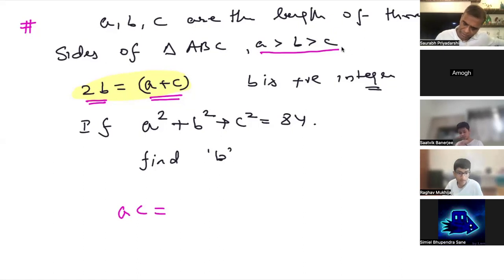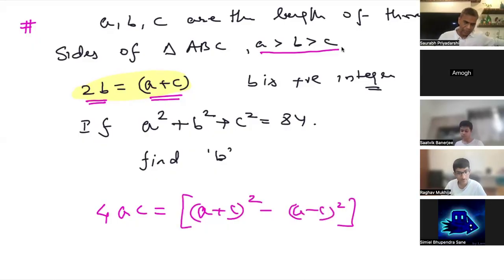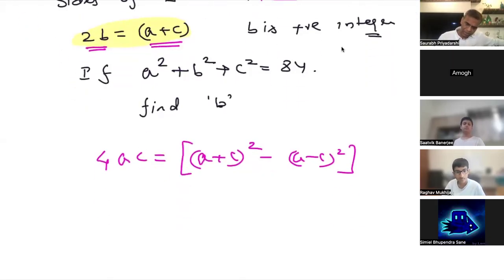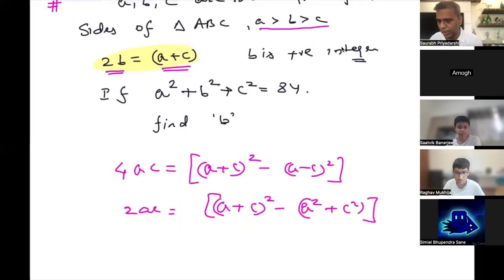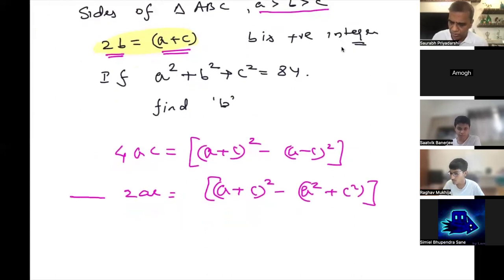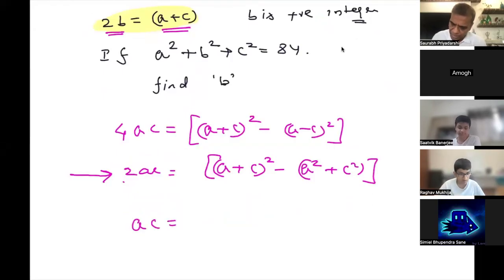We know the formula: (A plus C) the whole square minus (A squared plus C squared) is nothing but 2AC. Can I write this? Is this okay? So AC is nothing but 1 by 2.